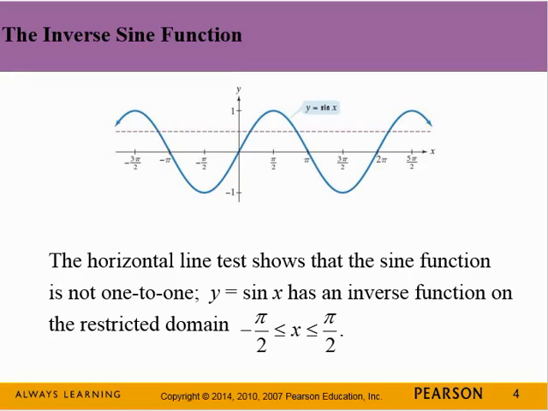If we look at the inverse sine function, the horizontal line test shows the sine function is not one-to-one. Y equals sine of x has an inverse function on a restricted domain, so it's only between negative pi over 2 and pi over 2.